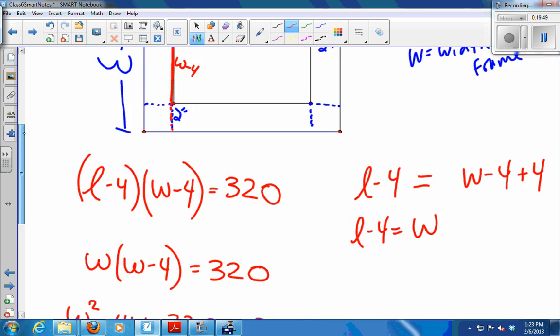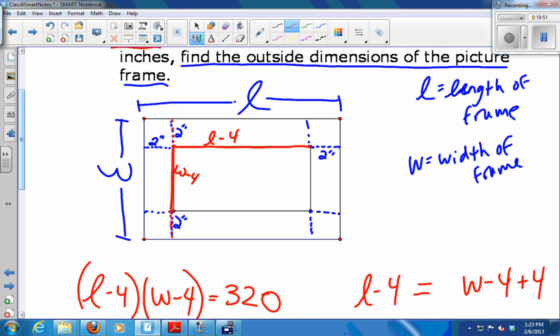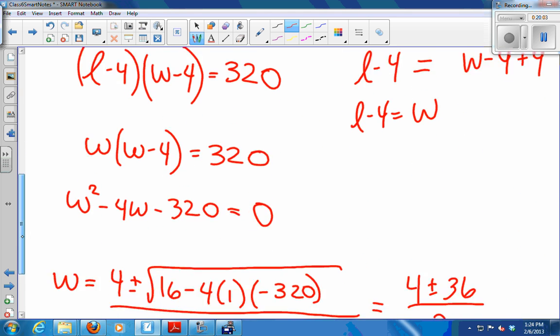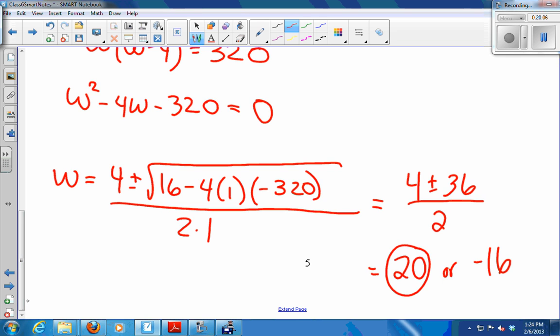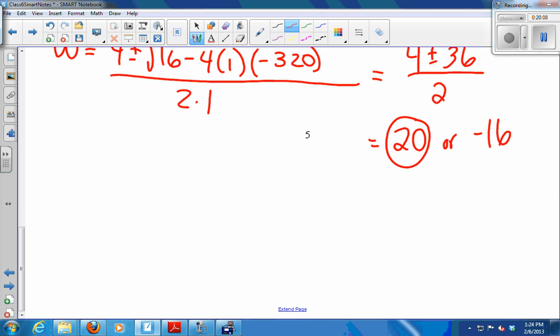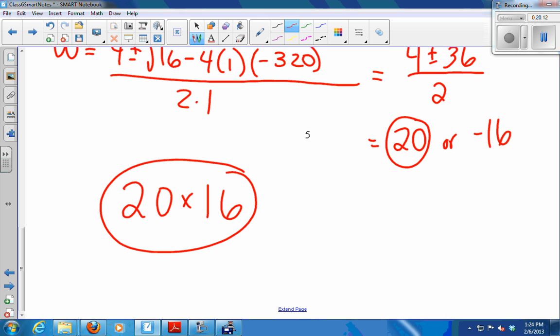So my outside width is 20, and the length would be 16, L minus 4. W plus 4. Yeah, right. W plus 4. So W is 20, 20 by 16 would be the outer dimensions.